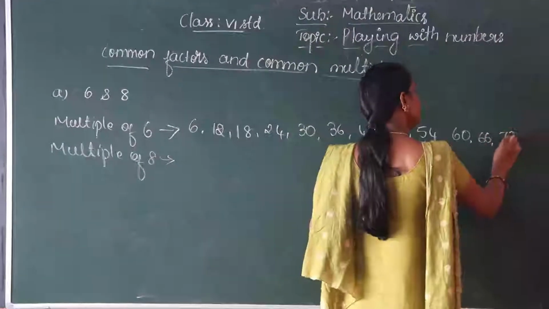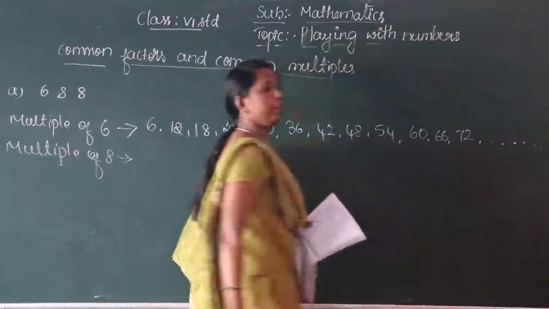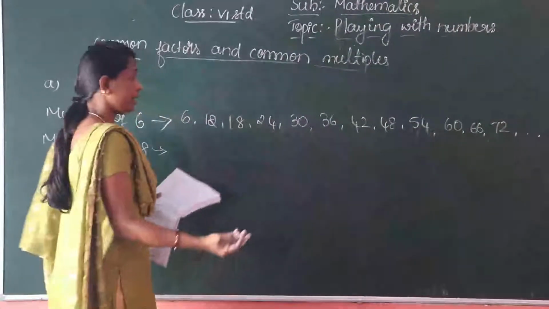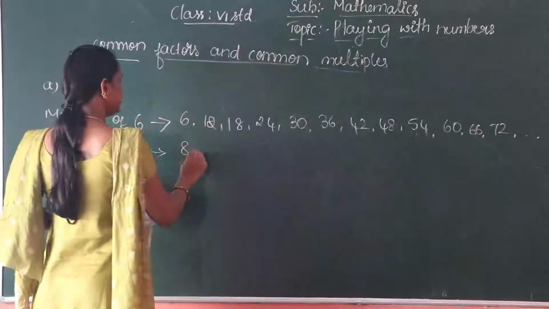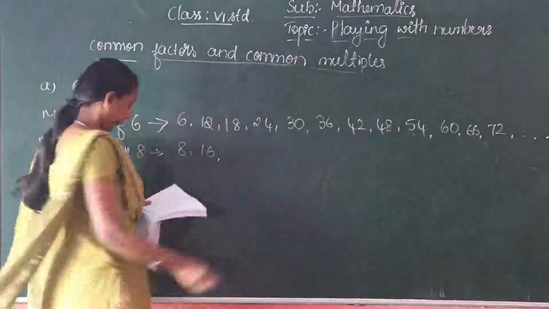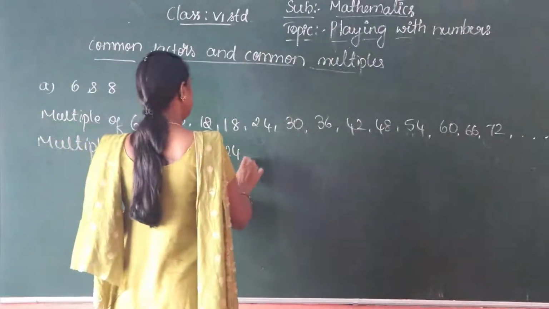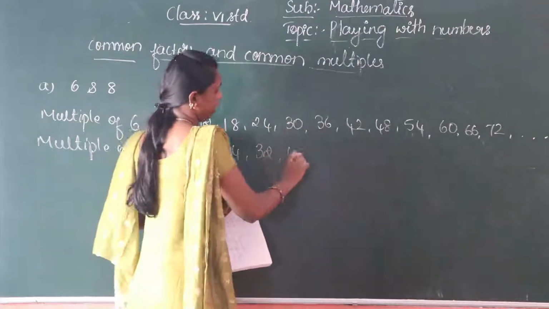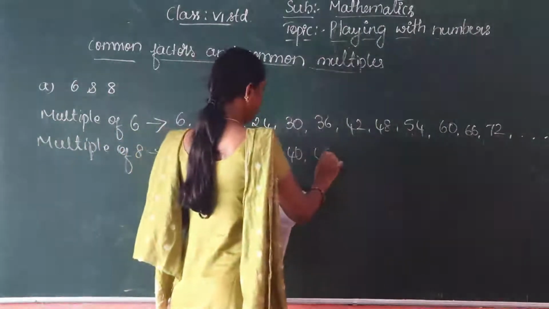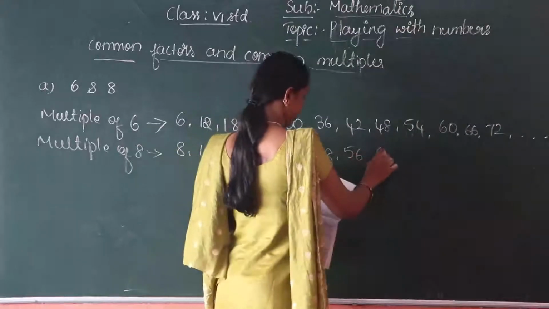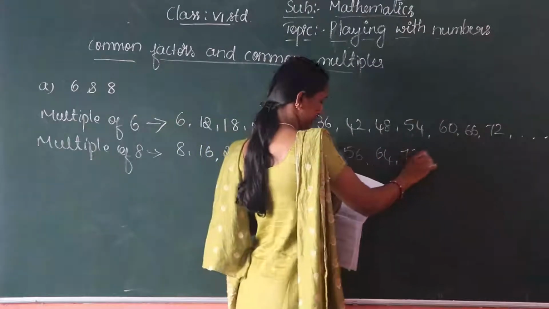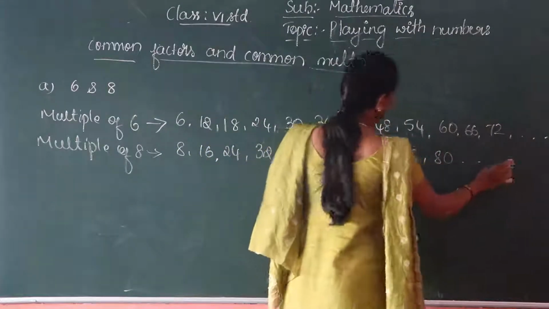66, 72, so we can write up to below 100 also. So then 8, 16, 24, 32, 40, 48, 56, 64, 72 and then 80, and so on.